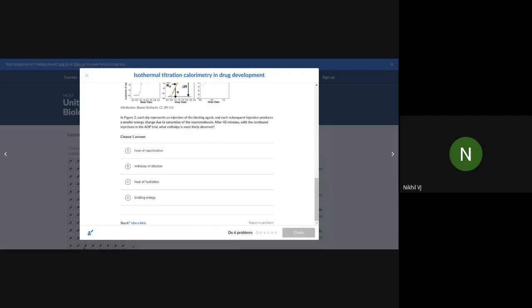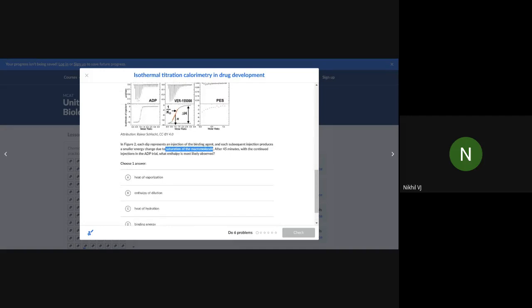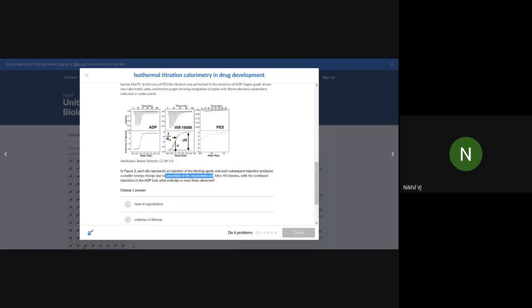Okay, so we see enthalpy of dilution in the chat, Stephanie. Would you like to explain your reasoning, or do you want me to go ahead and try to explain it? Gotcha, no worries. All right, so for this question, I think the key point we need to look at is the saturation part that they mention in the question, that they're putting in injections of, in this case, ADP for this graph at around every 5 minutes.